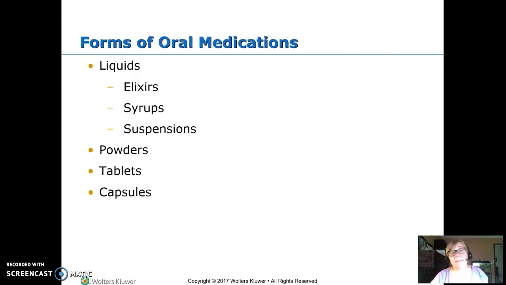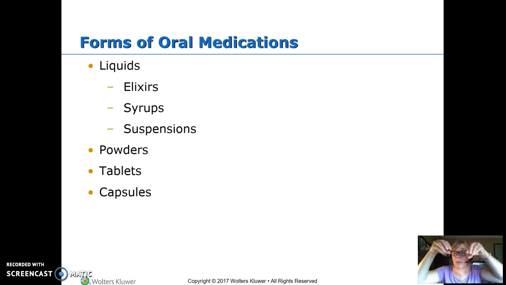So how do meds come for kids? Well, we use a lot of liquids for our oral meds. Elixirs, syrups, suspensions, that's just different ways that the pharmacy makes it. All of them, make sure you shake them up before you use them. You don't want the med to settle and you've taken it off the top, or you've given them all syrup without med in it. We have powders, tablets, capsules.